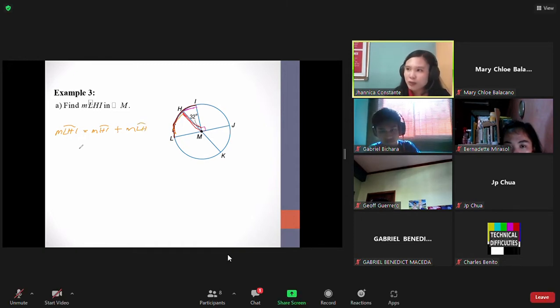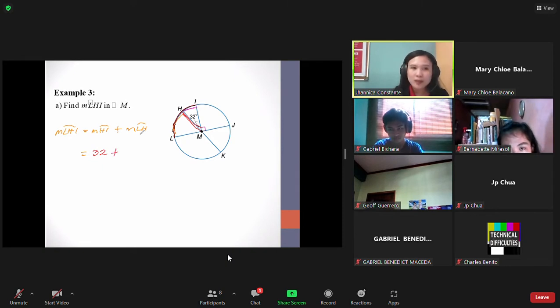The measurement of our arc HI, since the central angle of arc HI is 32, means the arc is also 32. Plus the measurement of arc LH, and we don't know the measurement of this angle. So we need to find the measurement of the angle that has an arc of LH.